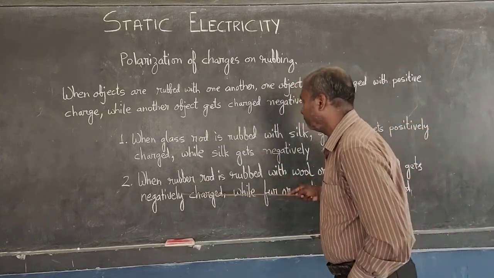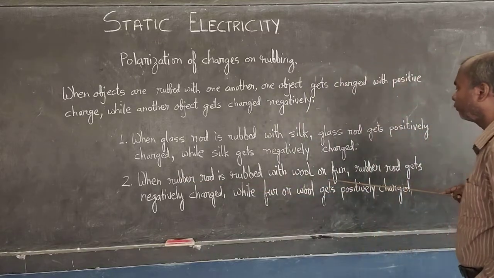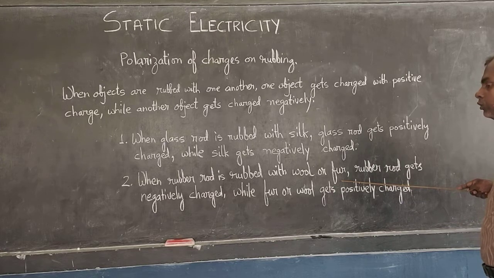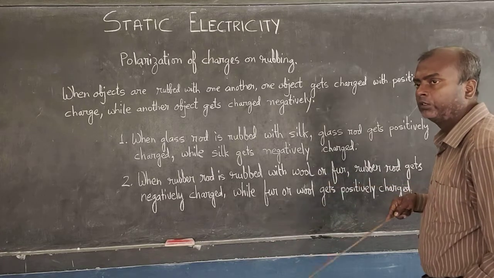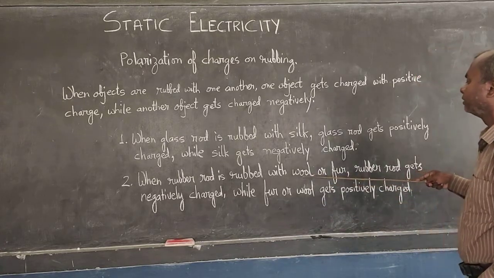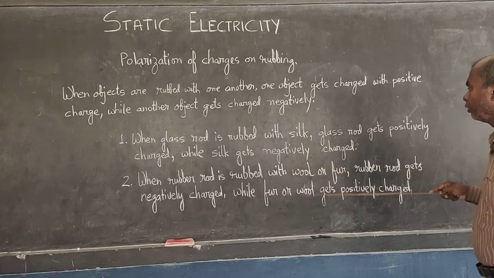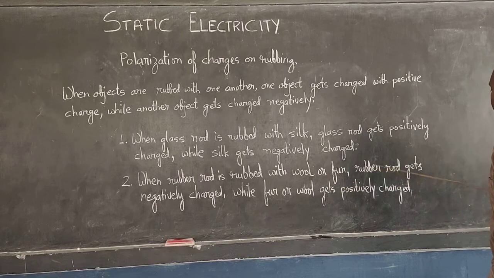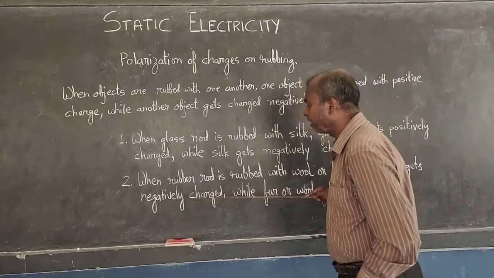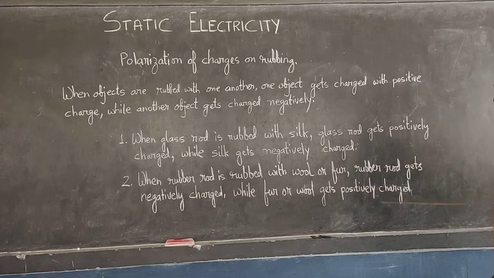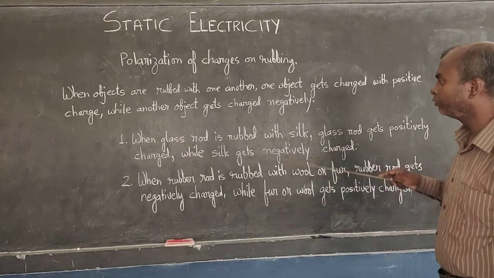When a rubber rod is rubbed with wool or fur, like the fur coats and woolen clothes we have, the rubber rod gets negative charge, whereas the fur will get positively charged. So these are the two facts.